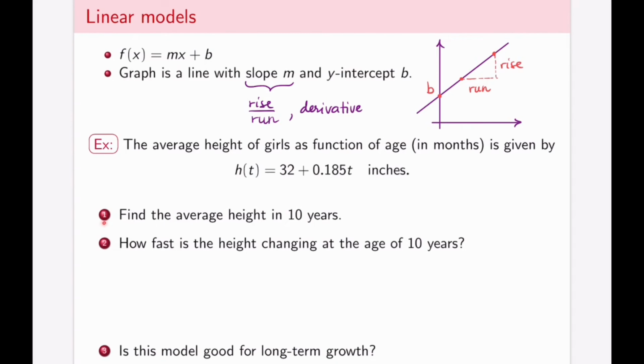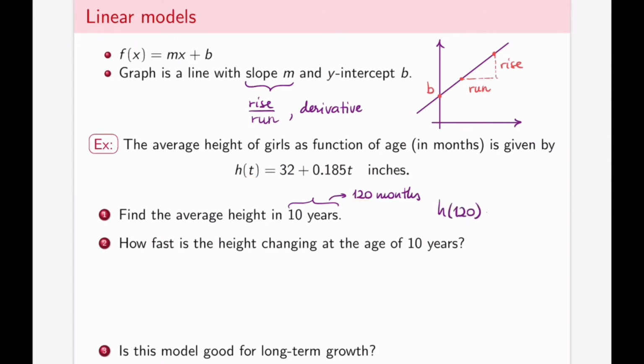So the first part here is asking to calculate the average height in 10 years. In word problems, you always have to be careful about units. The function is given to us to be computed in months, and we are asked to compute something in 10 years. So first of all, we have to make sure that our units match. 10 years is the same as 120 months, which means that in order to calculate the average height, I'm going to have to replace this t here with 120 months.